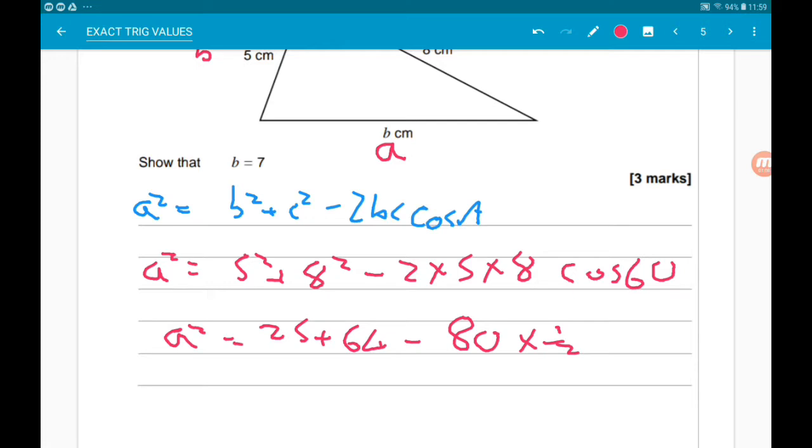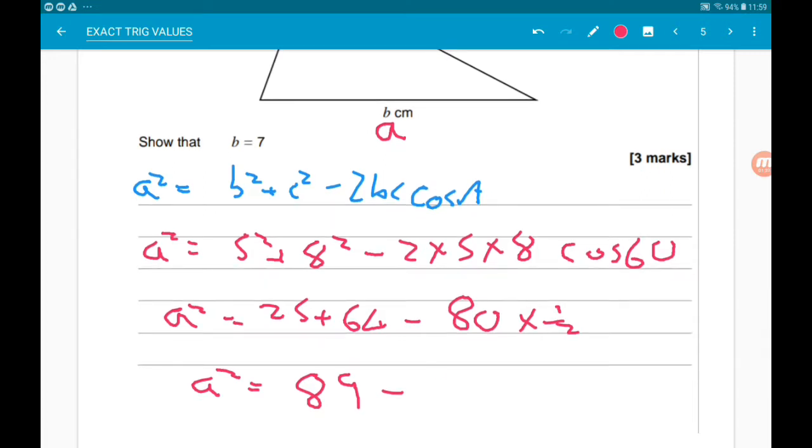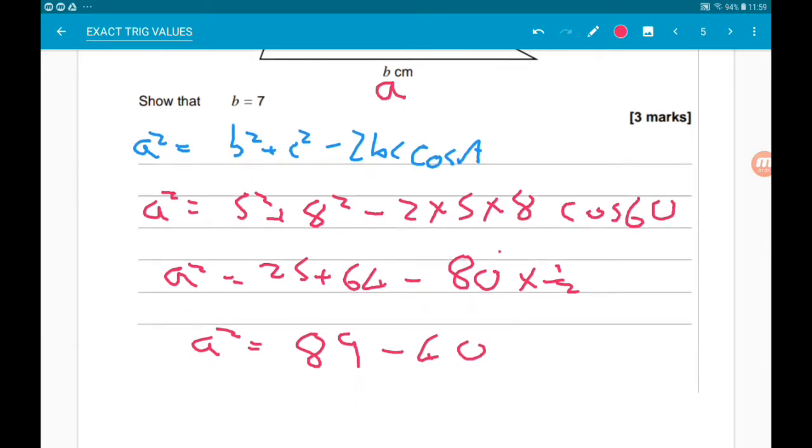So, a squared is, well, 25 add 64 is 89. So we have 89 minus, now 80 times 1/2 is 40. So a squared is 49.